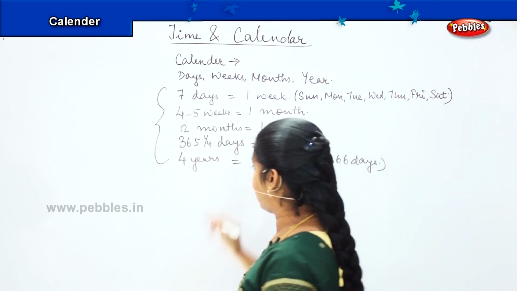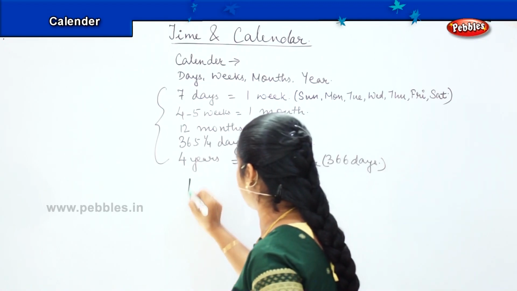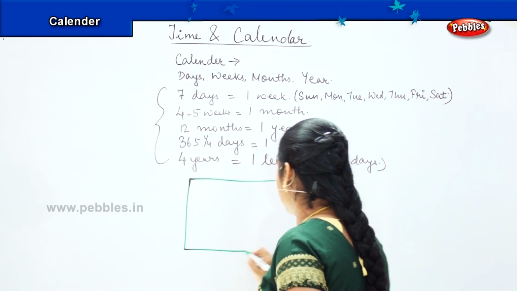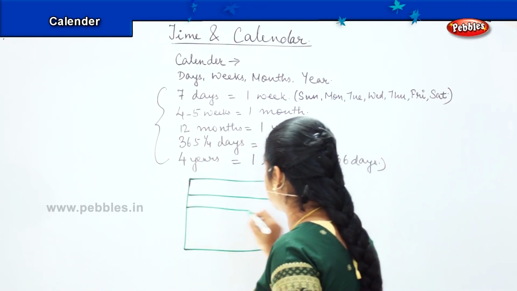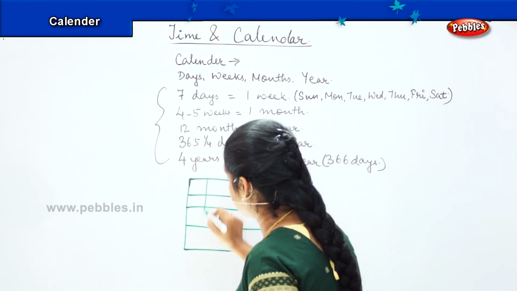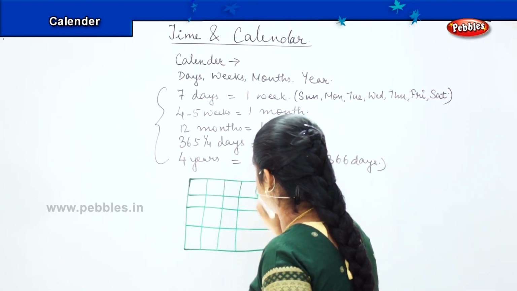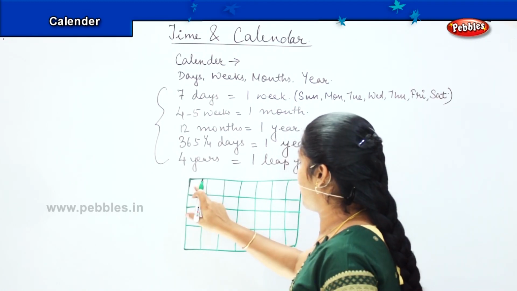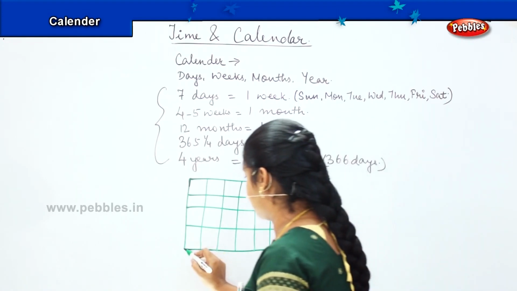So if you see in a calendar, you have 4 to 5 weeks coming in, right? Say for example, if I draw a calendar like this, okay? So for your sake, I am drawing a calendar and I am dividing it into 7 parts. Okay, 1, 2, 3, 4, 5, 6, and 7.